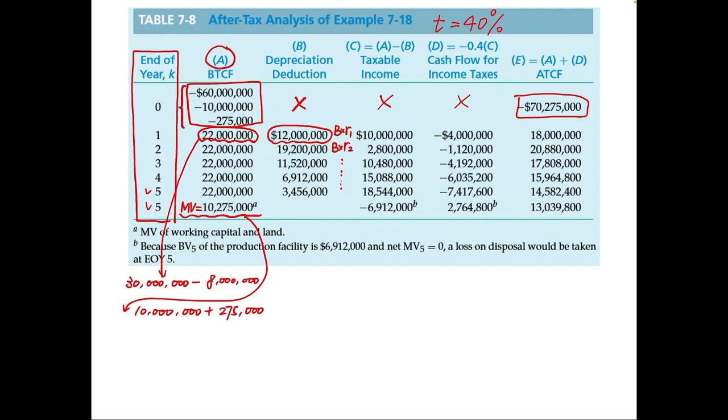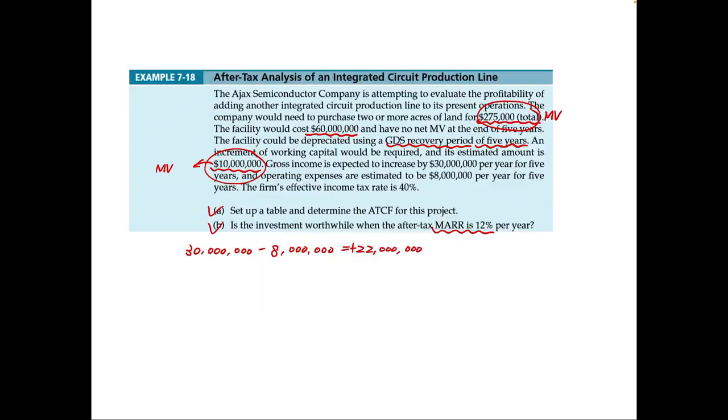Now I'm looking at table 7-3. Imagine you are looking at that table as well. For year 1, your R1 is 0.2.